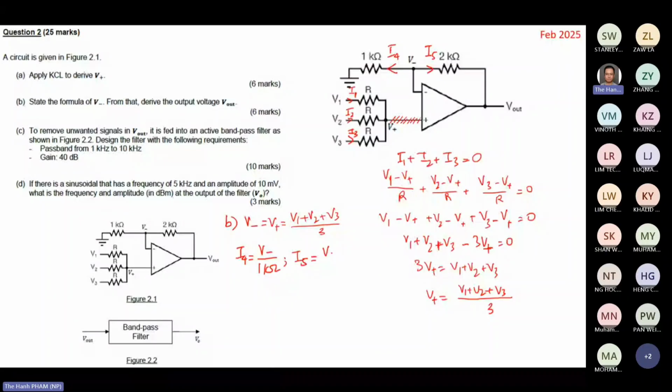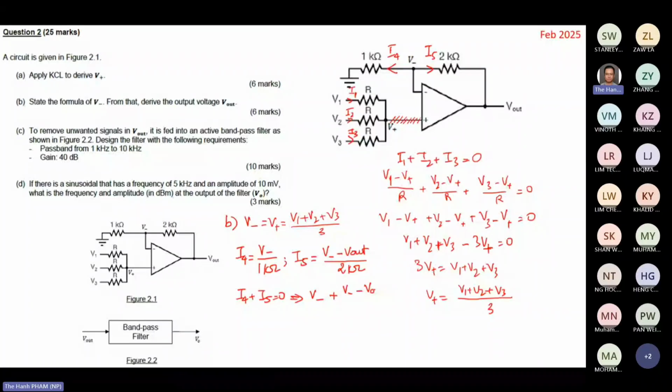And because I4 is leaving, I5 also leaving, I4 plus I5 should be 0, right? Because everything here is in kilo ohms, I can just forget kilo ohm. So here I have V minus divided by 1, which is V minus, and I5 is V minus minus Vout divided by 2, equal to 0.